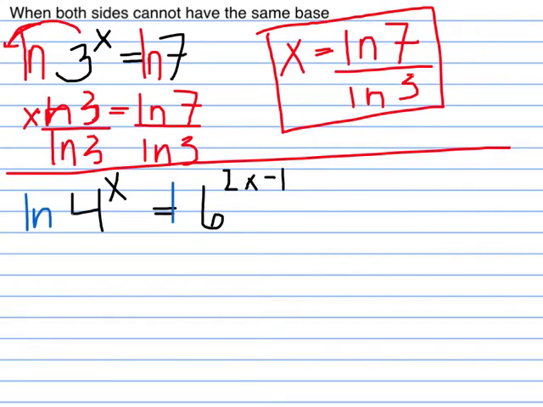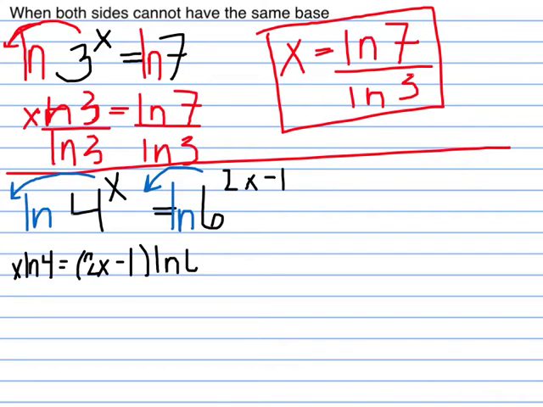The natural log of both sides, and I can bring the powers out in front of that. So here we have x ln of 4 equals 2x minus 1 times ln of 6.